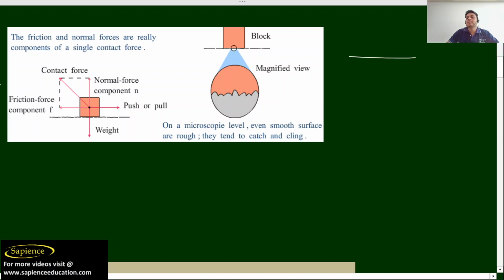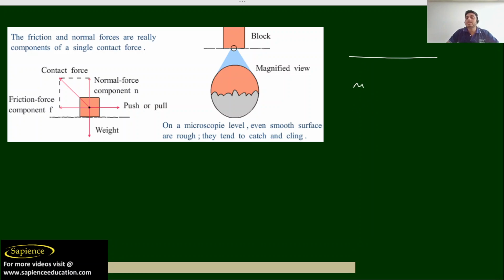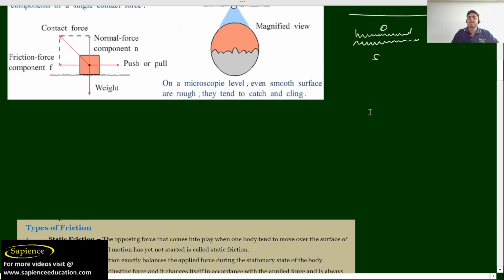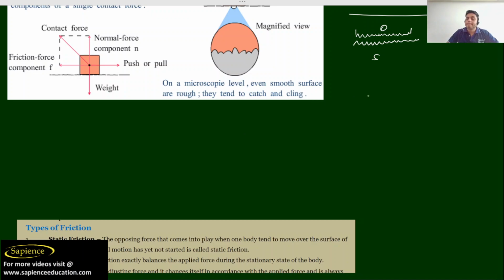We know that a surface looks like a plane, but actually the surface is not plane. The surface has a structure like this, and even the object's structure is like this. So when I keep this object on the surface, what will happen?